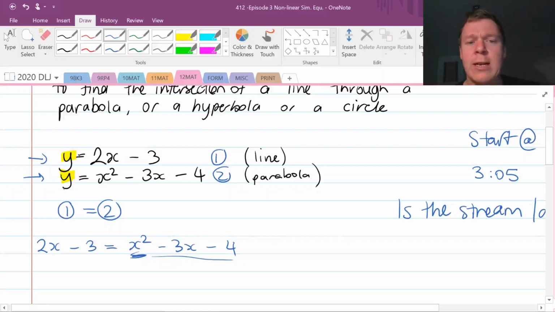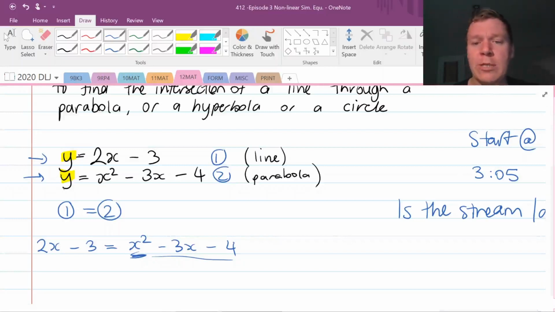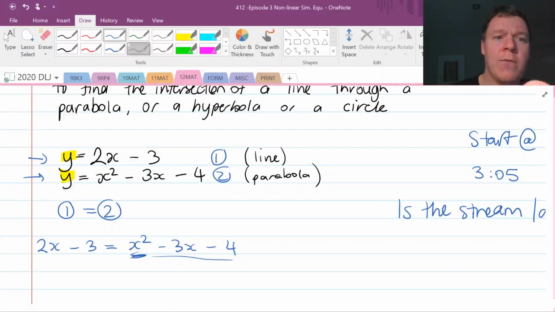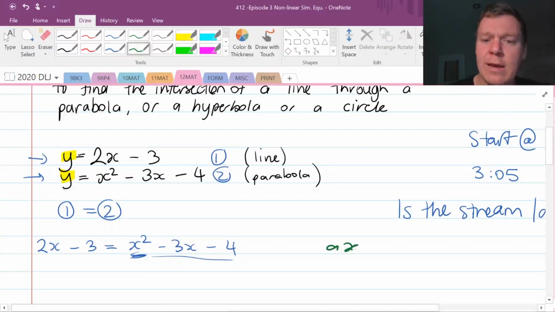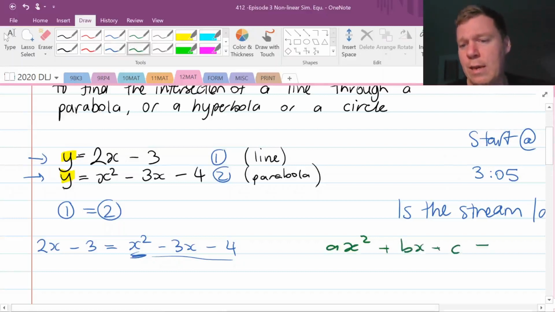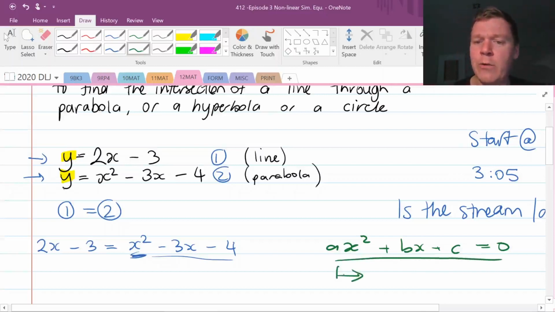And to solve a quadratic, we want to rearrange it so that our formula looks like ax squared plus bx plus c equals 0. When we've got it like this, we can put our values for a, b, and c into our quadratic formula.